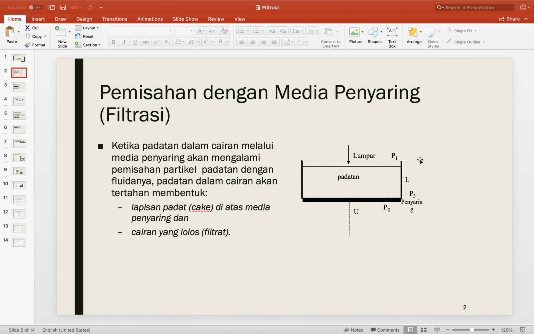This is the schematic diagram of filtration. In filtration, you will have a feed, and in this case the feed is a sludge, and then you will also have a filter. A filter can be formed of anything. In the previous slide, it was said that the filter is porous material such as sand, but you can have another material as the filter, usually cloth and things like that.